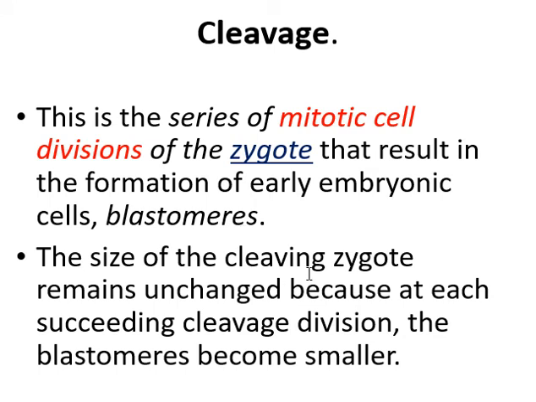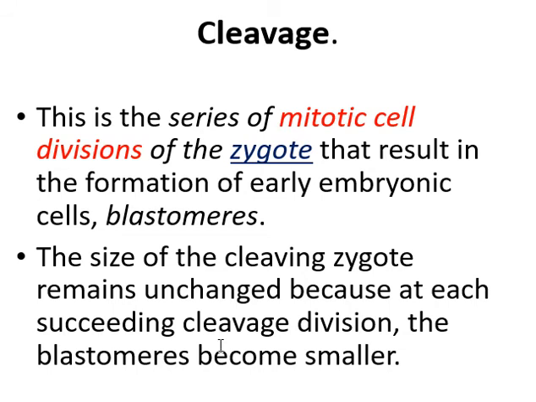Now, what will be the size of the structure of the zygote? It will remain unchanged because at each succeeding cleavage division, the newborn cells are more in number, but these cells become smaller.